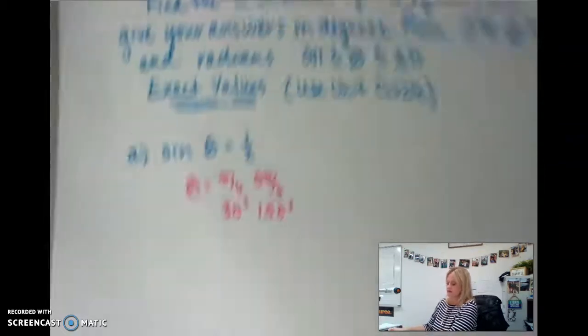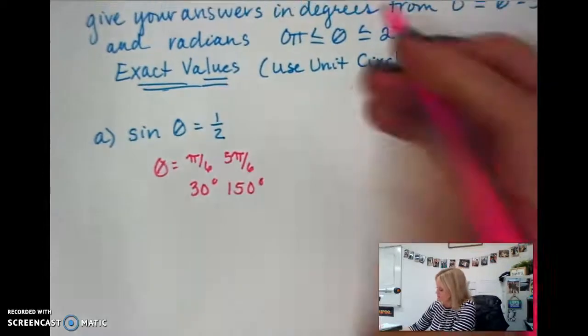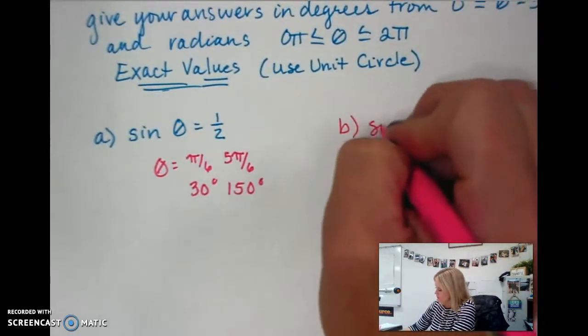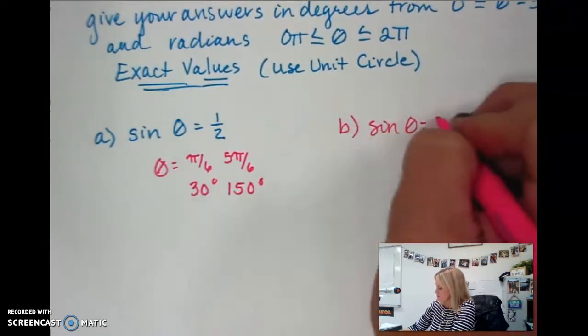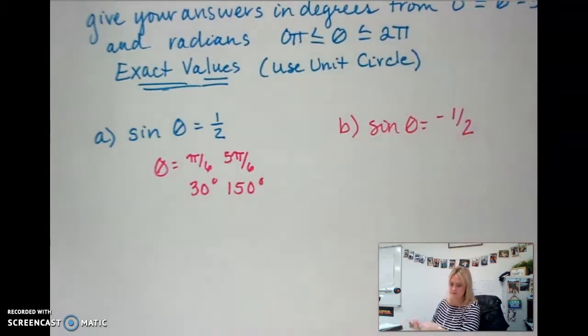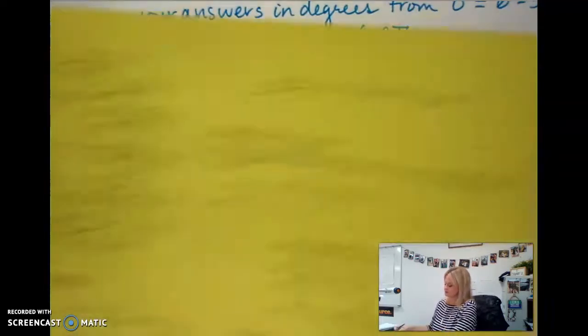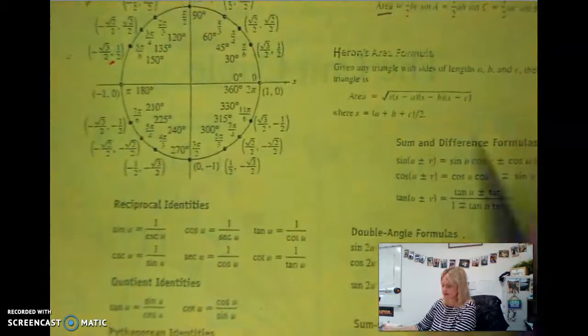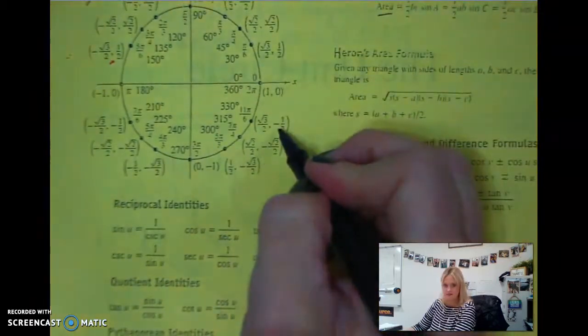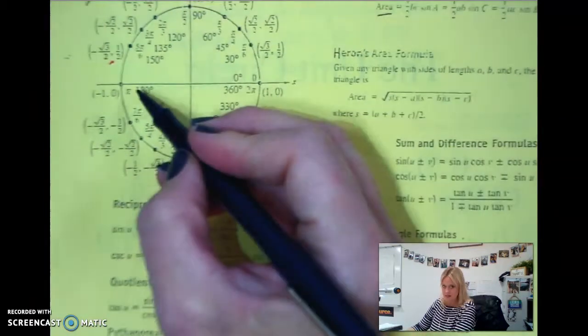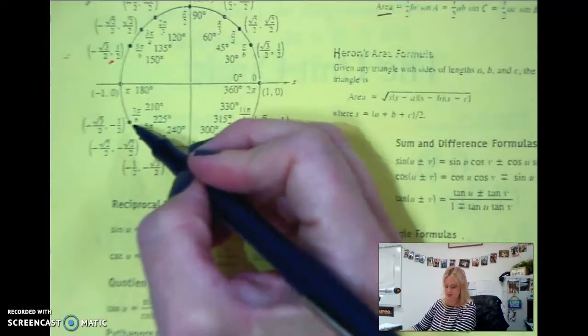So on your own, really quick, find out what theta would be when sine is equal to negative 1/2. Again, using your unit circle, sine is our y value. When is y negative 1/2? Down here at 330 degrees and over here at 210 degrees.